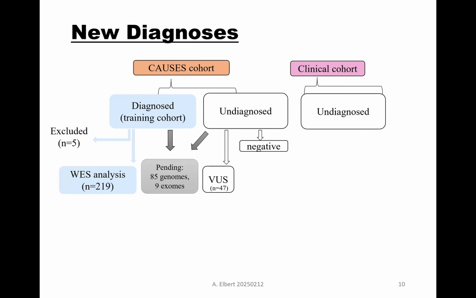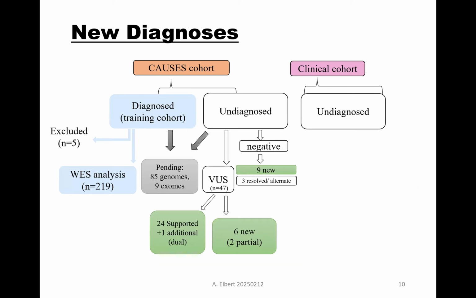Overall, we looked at new diagnoses, and to summarize the new diagnoses in these various arms of our research groups, we had 24 previously reported VUS with concordance in VG, and one additional new dual genetic diagnosis recognized.